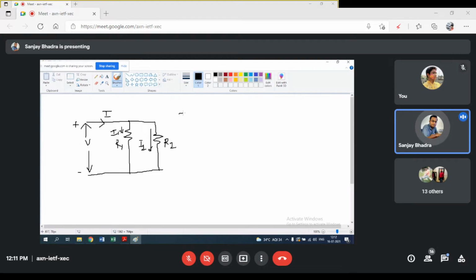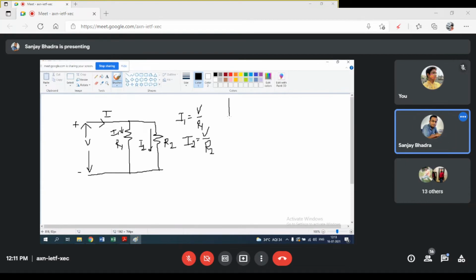That is why I can write I1 is equal to V by R1, and also I2 is equal to V by R2.